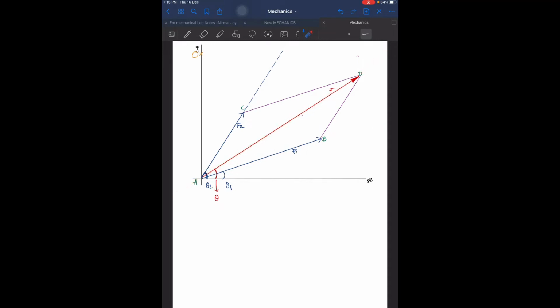Okay, now let me draw the perpendicular distances between the moment center and line of action of each force. So let's do that.